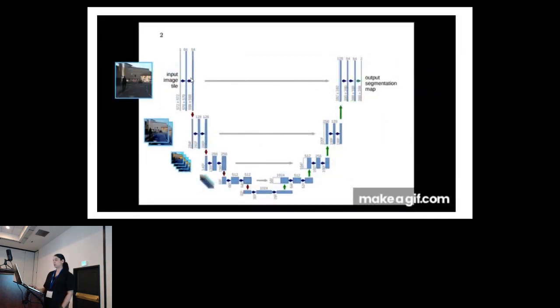What an encoder is doing is minimizing the amount of information at every layer and trying to understand what's in that image. So basically what I mean by that is, starting out, we had this big input image.